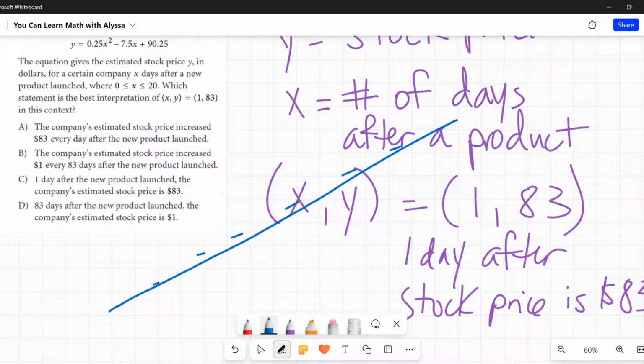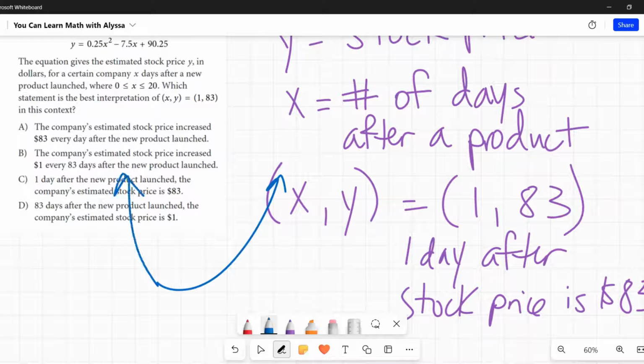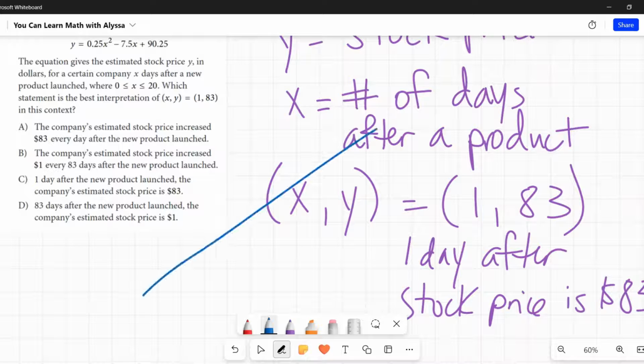This equation that they gave us had an x squared in it. X squareds are parabolas. In this case, it would just be one side of the parabola that we'd be looking at, the right side starting at 0. But that is not a steady straight increase. That increase is going to go whoop more with time. So A and B, just for that reason alone, are out.